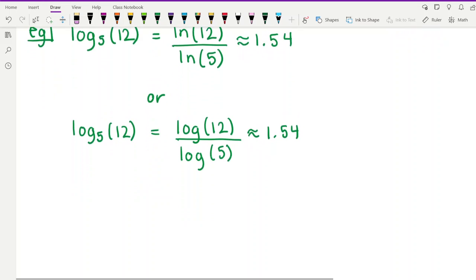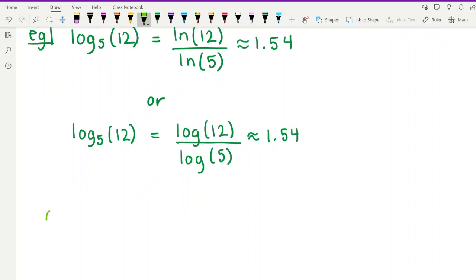I want to just quickly mention, it's also true that you could change to a different base. You could, if you wanted to, express log base 5 of 12 in terms of any other base. So let's say you wanted to rewrite it in terms of base 27.